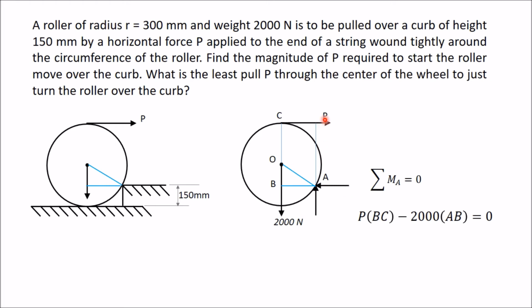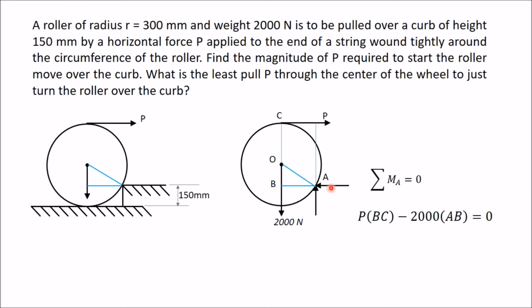Force P is producing clockwise moment about point A and 2000 Newton is producing anti-clockwise moment about point A. So the moment of P will be positive and the moment of 2000 Newton will be negative. Therefore the equilibrium equation is force P into BC, the perpendicular distance of P from A, minus 2000 into AB, the perpendicular distance of 2000 Newton from A, is equal to 0.